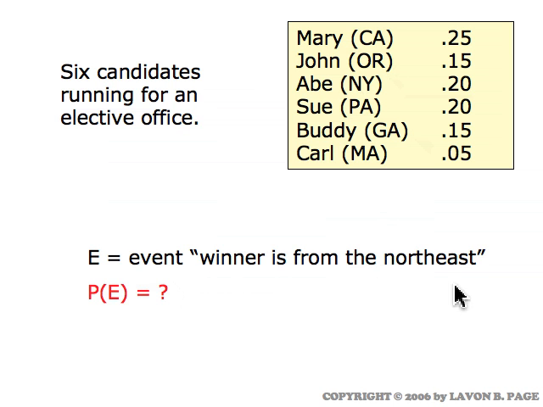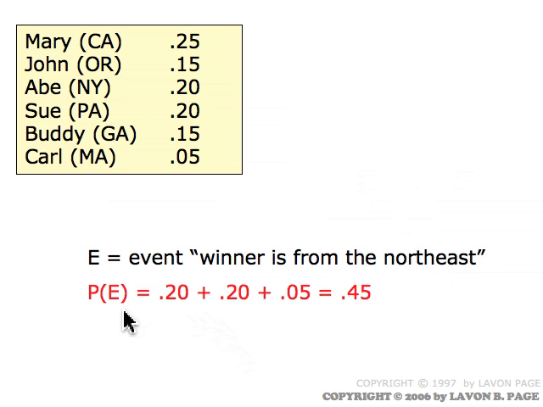So in order for this event to occur, it means that the winner would have to be either Carl or Sue or Abe, and their probabilities of winning are 0.05 plus 0.20 plus 0.20. So for the winner to be from the Northeast, we just add the probabilities of those individual outcomes and get 0.45 as the probability of that event occurring.